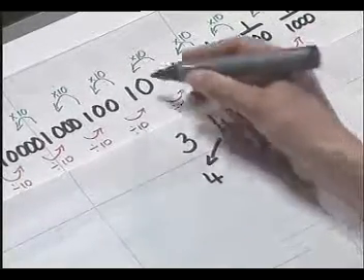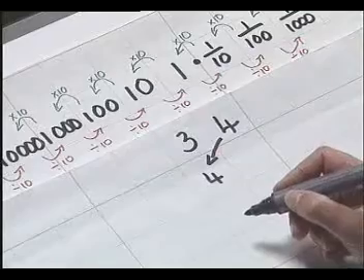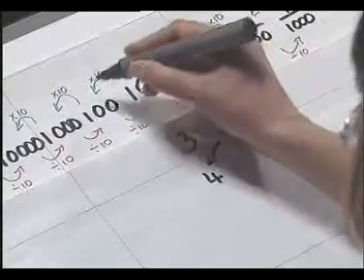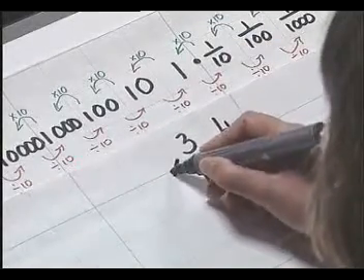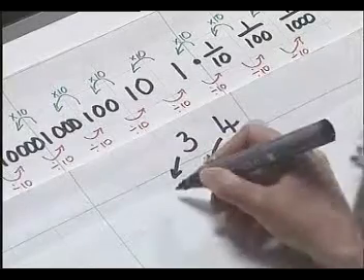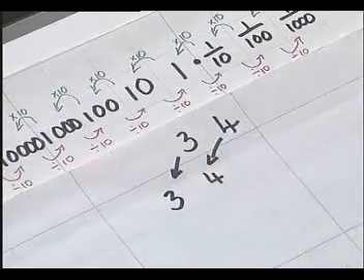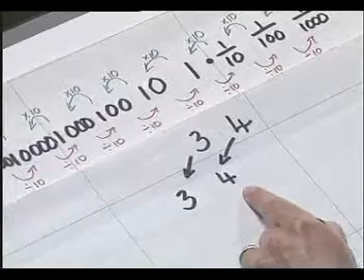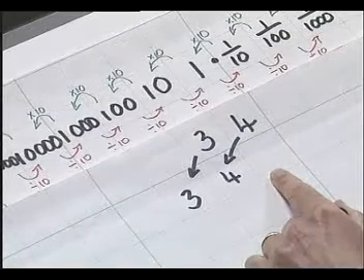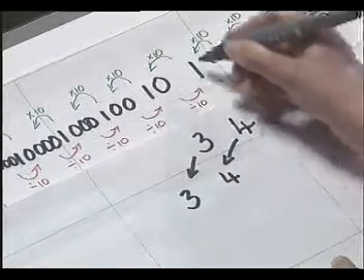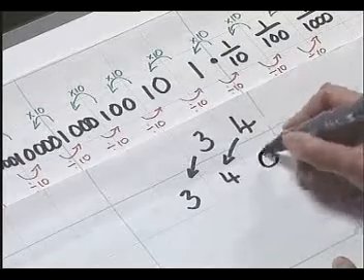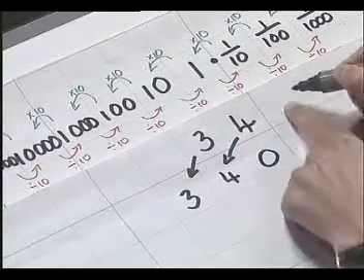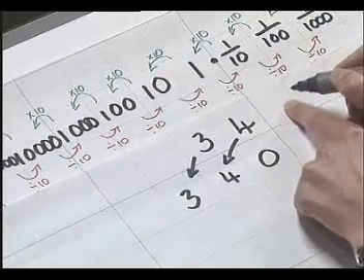Our 3 is in the tens column at the moment. It's going to be made 10 times bigger, so it's going to become 300. Now, to keep our place value, we need to put a 0 in the units. That's actually come from here because we've got 0 tenths.